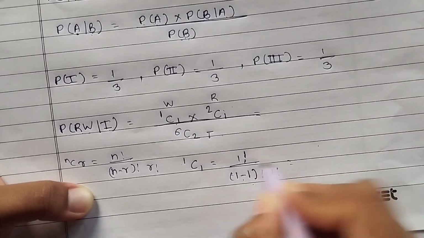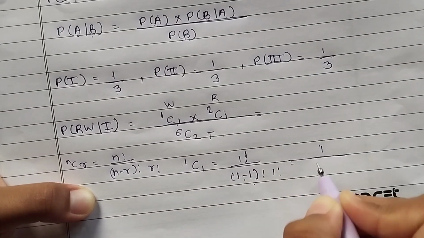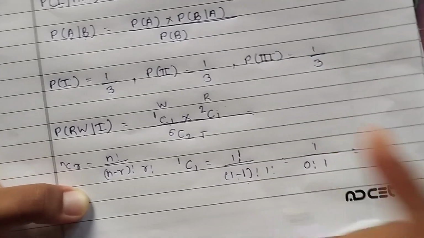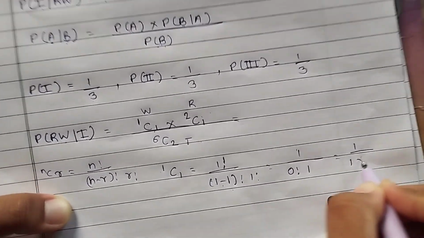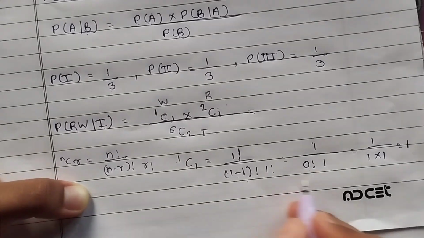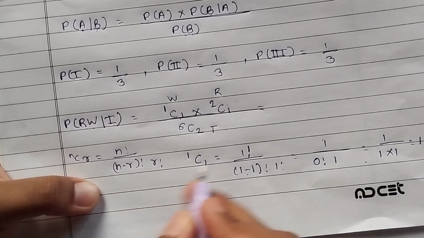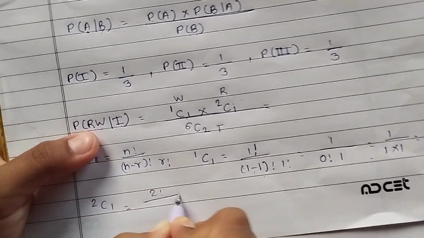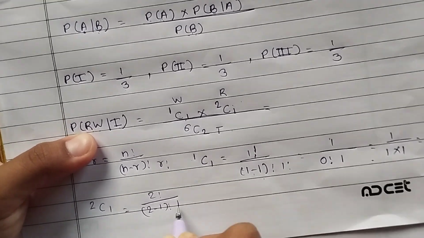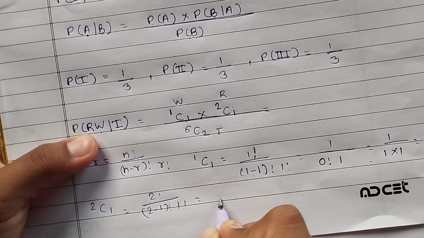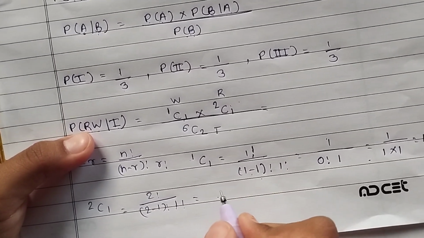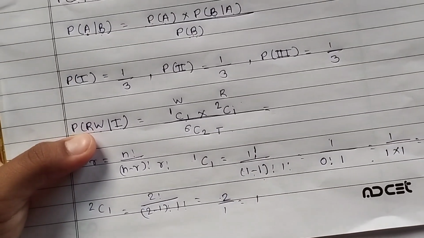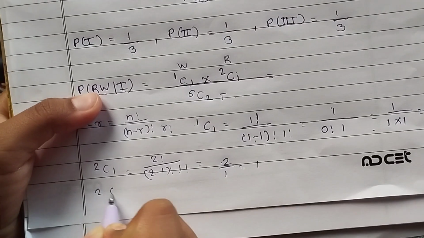Here 1 factorial is 1, 1 minus 1 is 0 factorial, and 0 factorial is 1. So 1 divided by 1 into 1 is equal to 1. 0 factorial is always 1. In this way we find 2C1: 2 factorial upon (2 minus 1) factorial into 1 factorial, which is 2 divided by 1, that is 2.